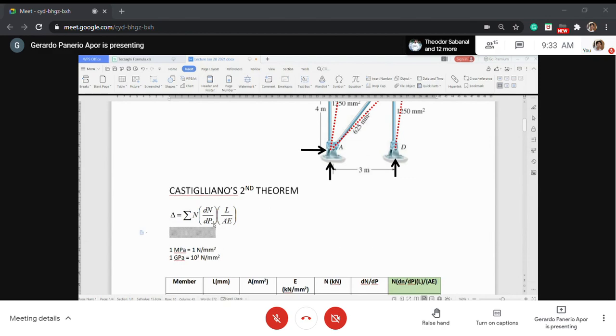Instead of using the NDP, I will use a parenthesis, but small letter n. And then you have another parenthesis, that's for the stiffness factor L and I. Okay, very similar actually. Only the second parenthesis is changed to small letter n.